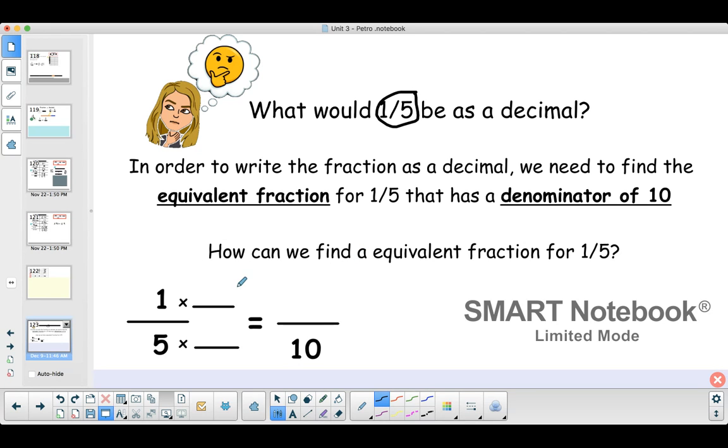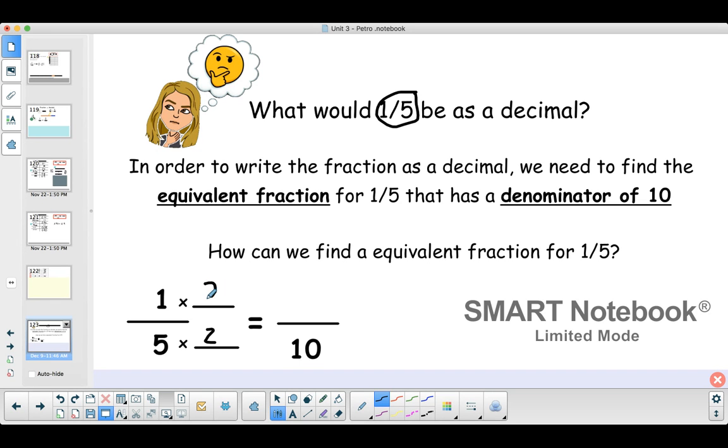The first thing I would probably do is set up 1/5 times what number equals something over 10. Well, I know that 5 times 2 equals 10. And my equivalent fraction rule says that whatever I do to the denominator, I have to do to the numerator.